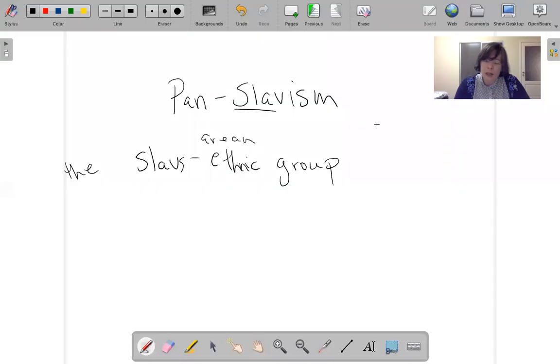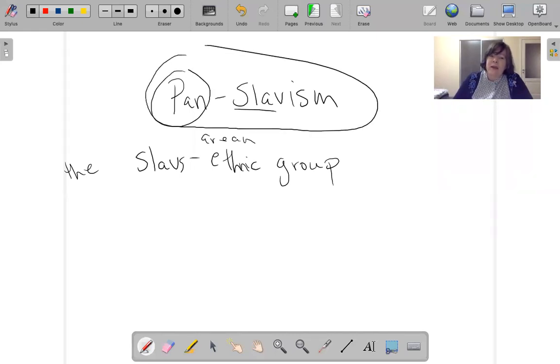And Russia had this idea of Pan-Slavism. Pan means total, all across. Russia thought that all Slavs should be one nation. One giant Slavic nation.